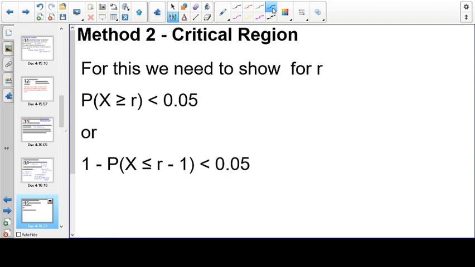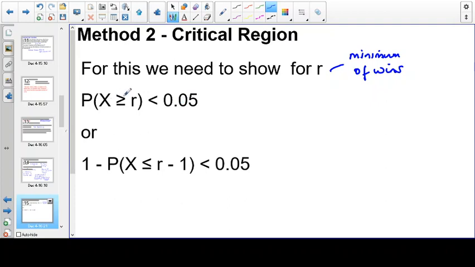So option 2 is to look for the critical region. In this case, we need to show this for some unknown value. R is going to be the minimum number of wins. We need to work out the smallest value of R for which this is true.